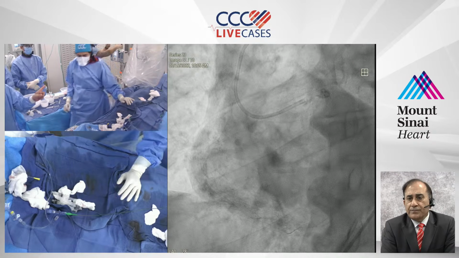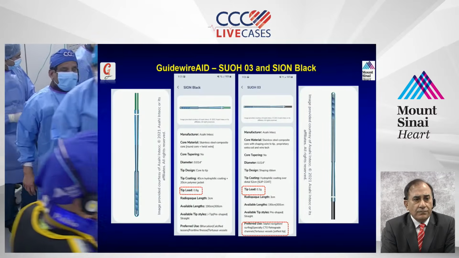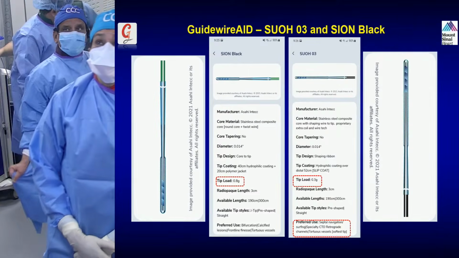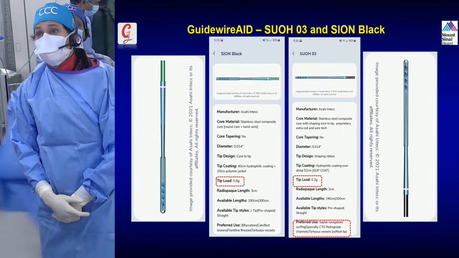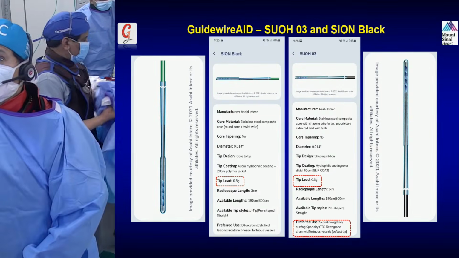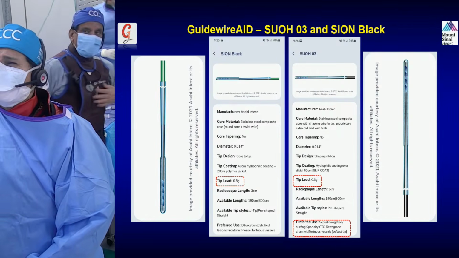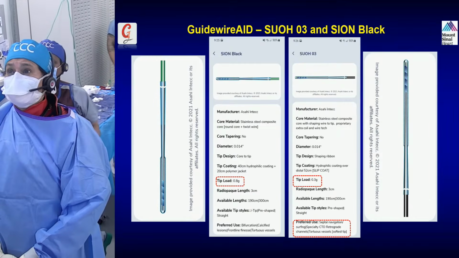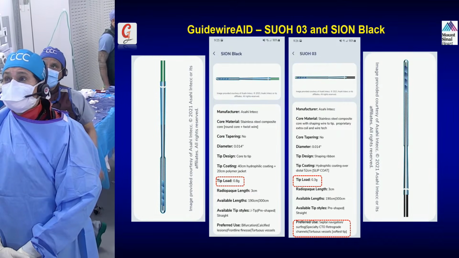Yes, the wires you had asked about, we have that in our wire portfolio. Show it to us. This is the Cyan Black and the SU03. You see the tip load, 0.8, core to tip, hydrophilic coating with the polymer jacket.